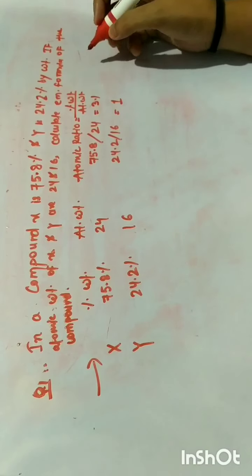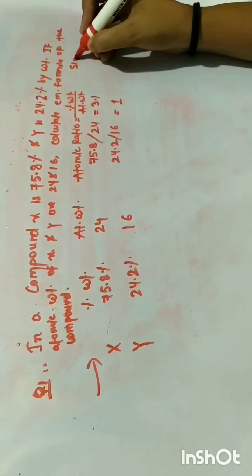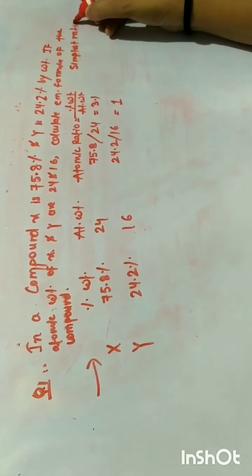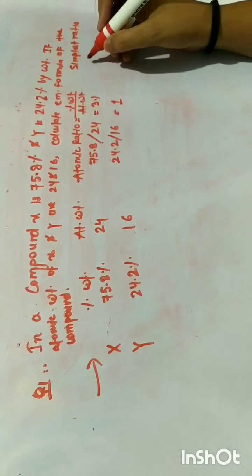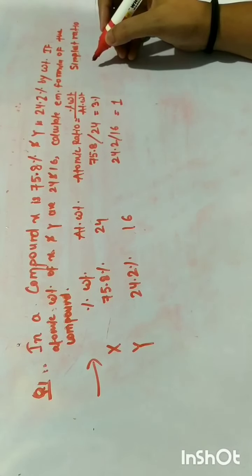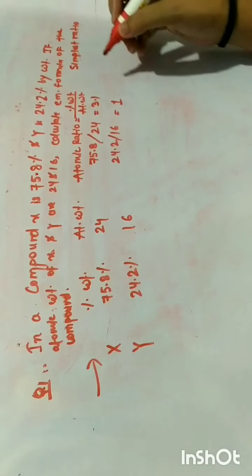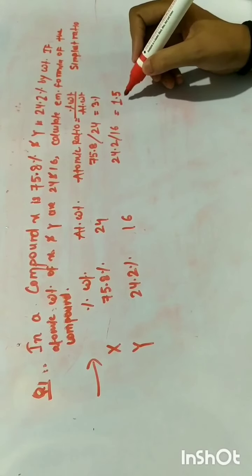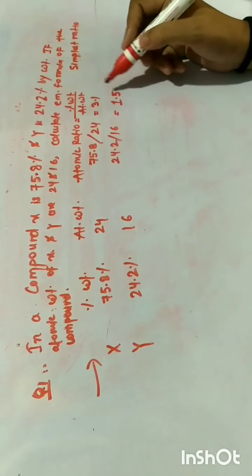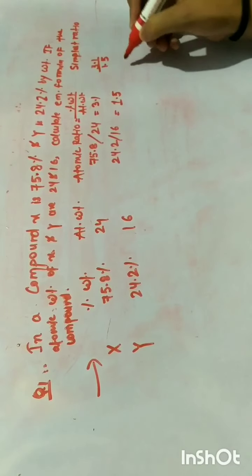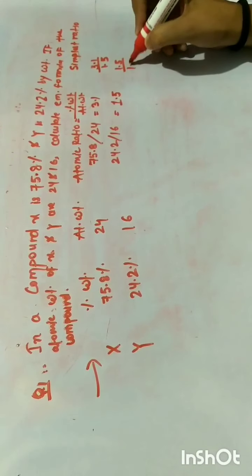So the next step is the simplest ratio. For the simplest ratio, we will divide both the numbers, 3.1 and 1.5, by 1.5.